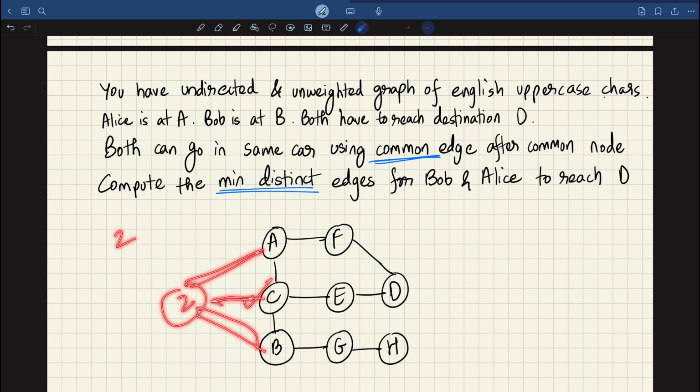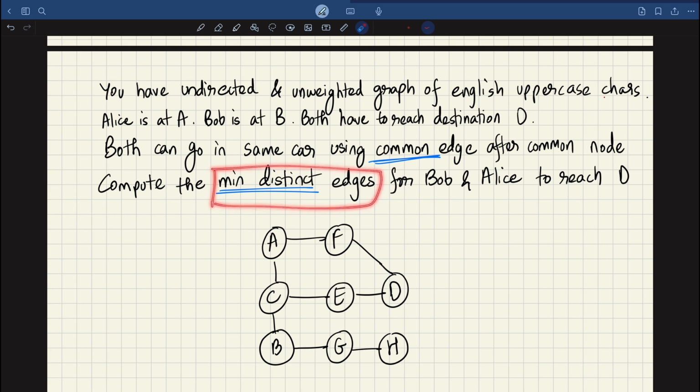Then they will travel from Z to C, then C to E, then E to D. So total it would be 3 plus 2, which is 5. So the point that I want to mention is there can be multiple common nodes and I have to find that common node which yields minimum distinct edges. Okay, I hope you understood this part.